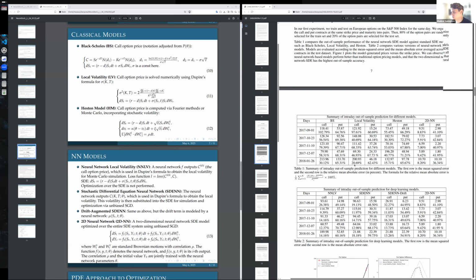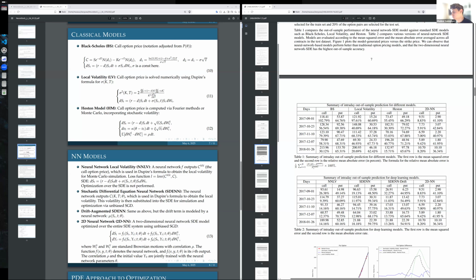It's the first experiment. In this table, you can see that the two-dimensional neural network model outperforms all classical models, and these neural network models used the Peirce formula for each date and for each type of options.